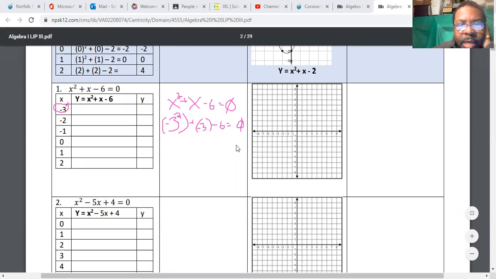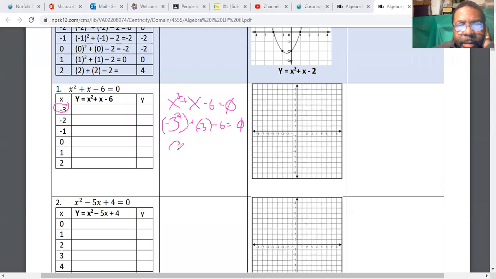So since we know it's 9, I can go back, and now I can say 9 plus negative 3 minus 6 equals 0. Okay, so that's a plus sign. All right, so I'm going to use my calculator.